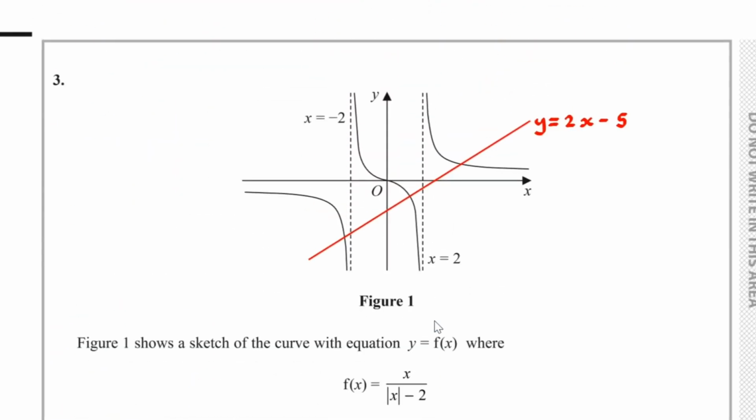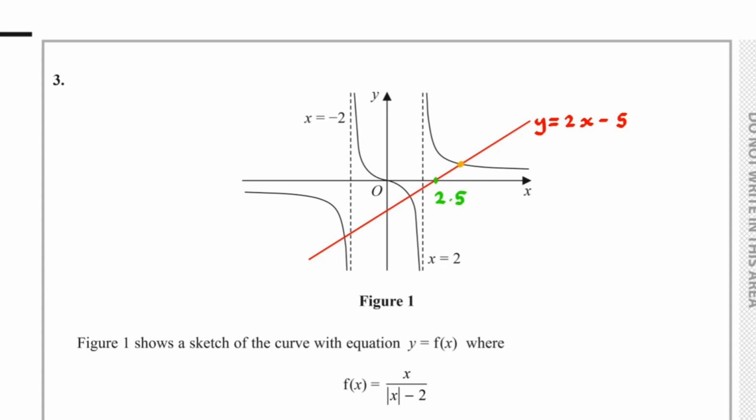Now where would they correspond to? Where the graph crosses the axis over here is at the point 2.5. So now we need to find out the other values. So what will the value here be?